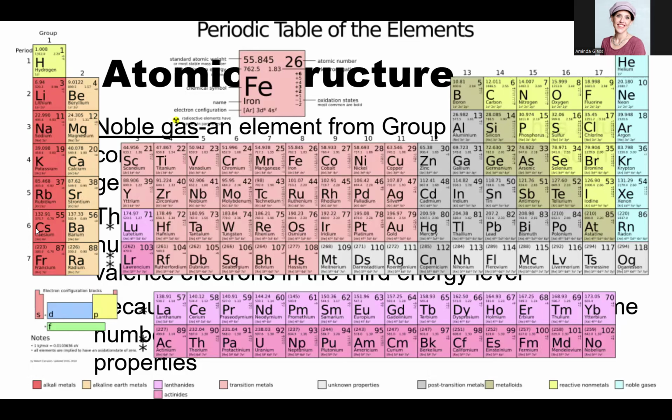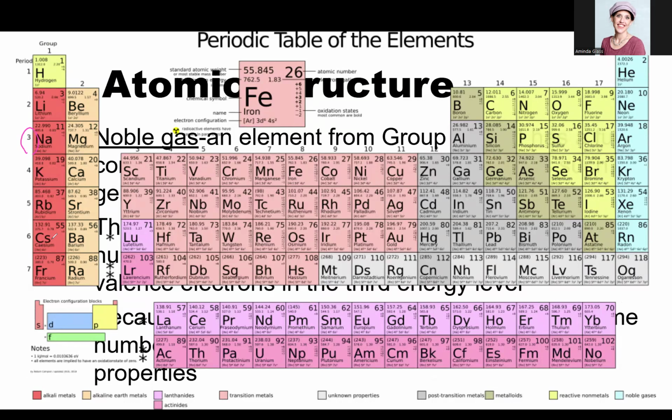I said that aluminum is in row 3. So you have row 3 here, come over, and you see aluminum. Each period corresponds to the outermost energy levels. So we know that there are 7 energy levels. Hydrogen and helium are in the first, only have 1 energy level.